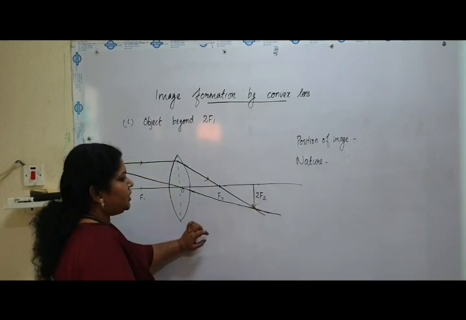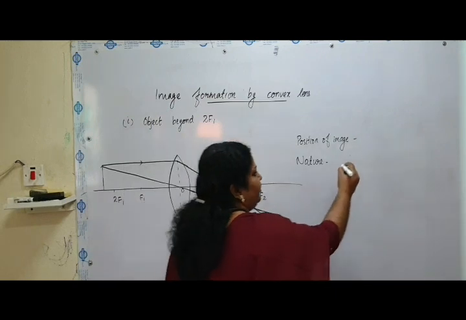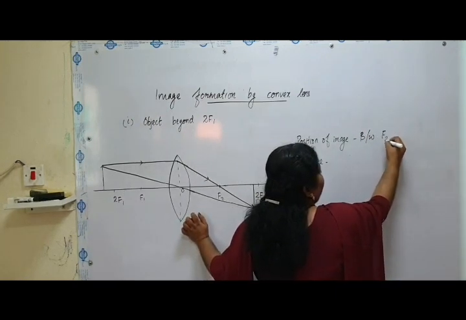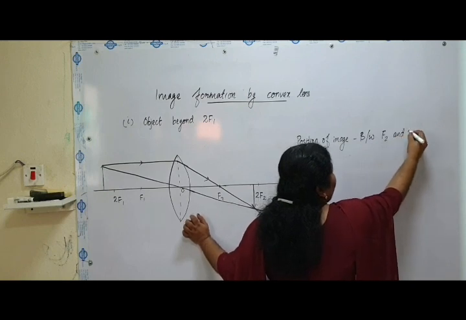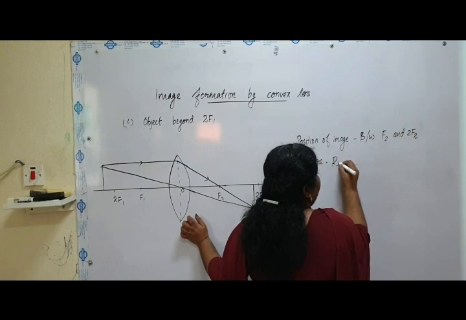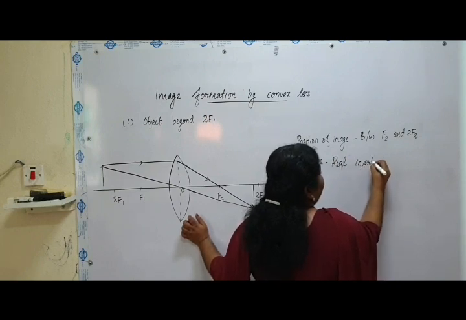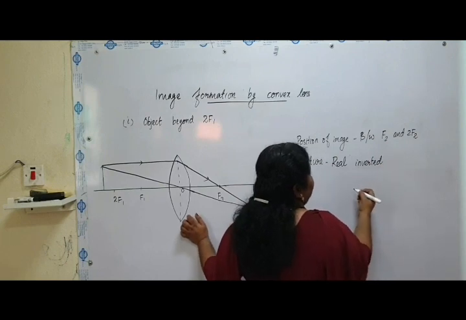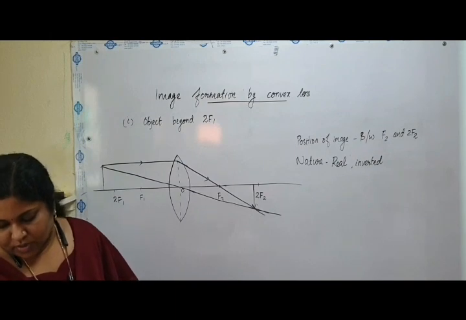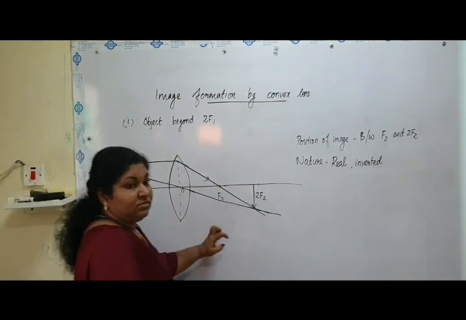Now position of the image is between F2 and 2F2. And what is the nature? It is real, inverted image. Now what about the size of the image which is formed? Size of the image, it is diminished.